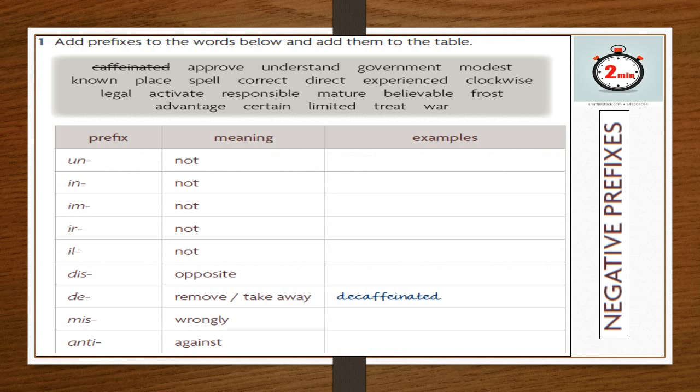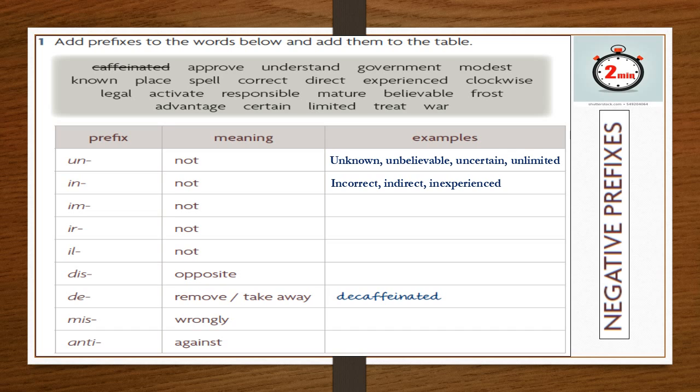Prefixes are some letters which are added before the word to change its meaning either to the negative or to the positive side. Negative prefixes give the negative meaning of the word. Few letters are added before each word to make it on the negative side, on the less side.